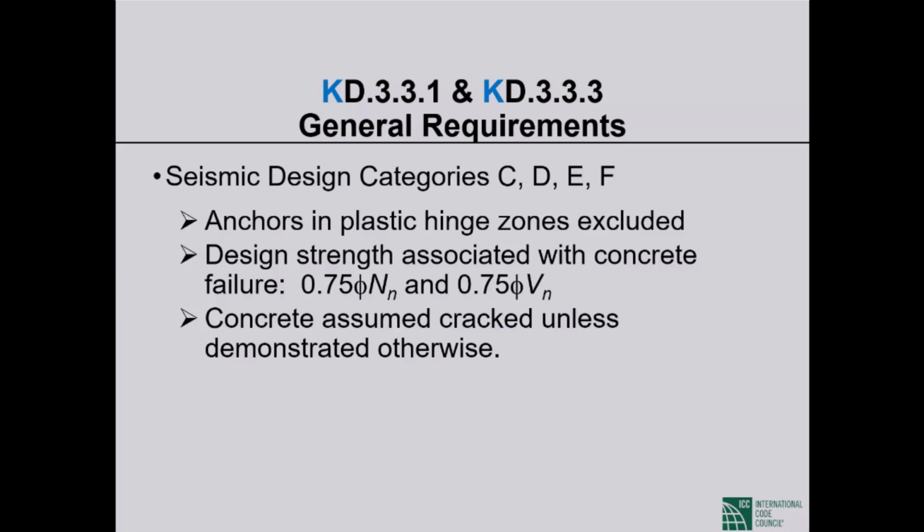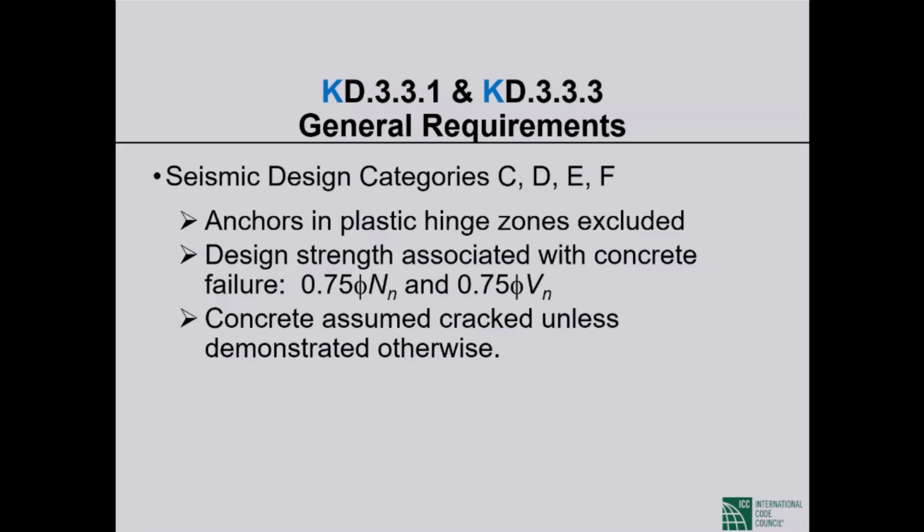Now the K.3.3 section that I mentioned, seismic applications: if you have an anchor that is part of a structure assigned to seismic design category C, D, E, or F, the requirements that apply to that anchor are that anchors in plastic hinge zones of structural members are outside of the scope of Appendix K. So seismic application.